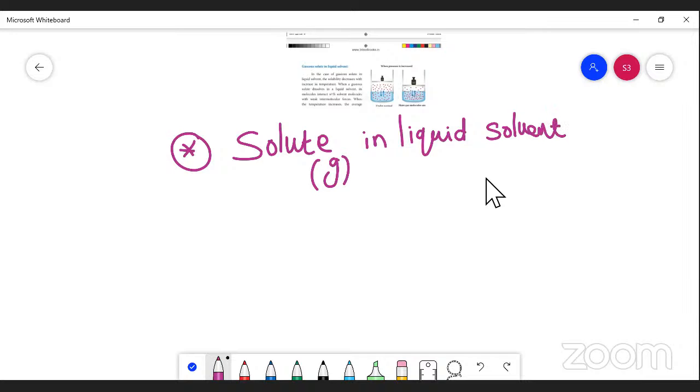So far we have discussed a solid solute in a liquid solvent. That is the first step. Now we are going to discuss a gaseous solute in a liquid solvent.